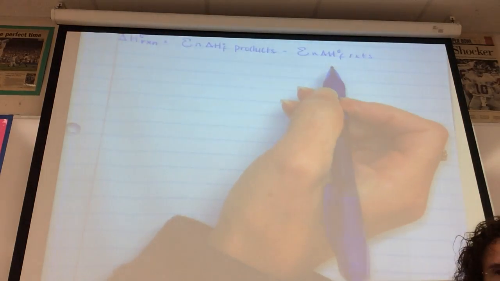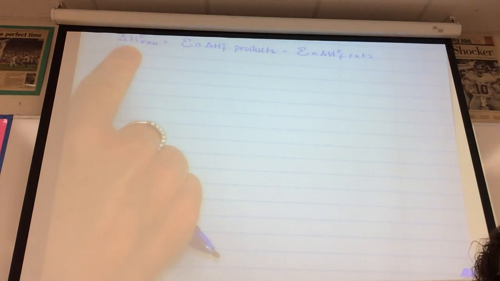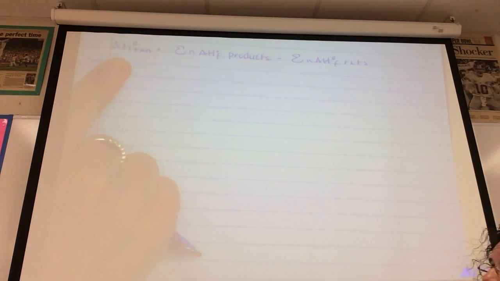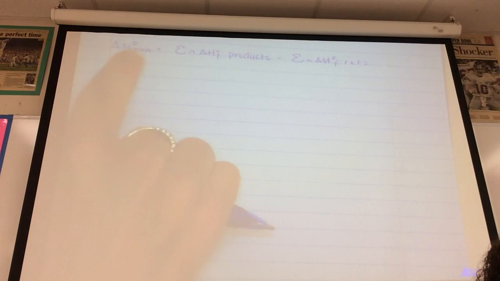Products minus reactants. We said if this was negative, the reaction was exothermic; positive, it was endothermic. So we know how to calculate the change in enthalpy for a reaction.